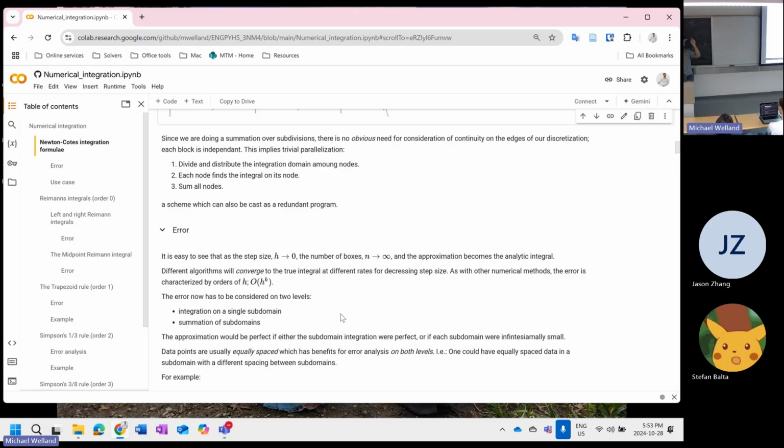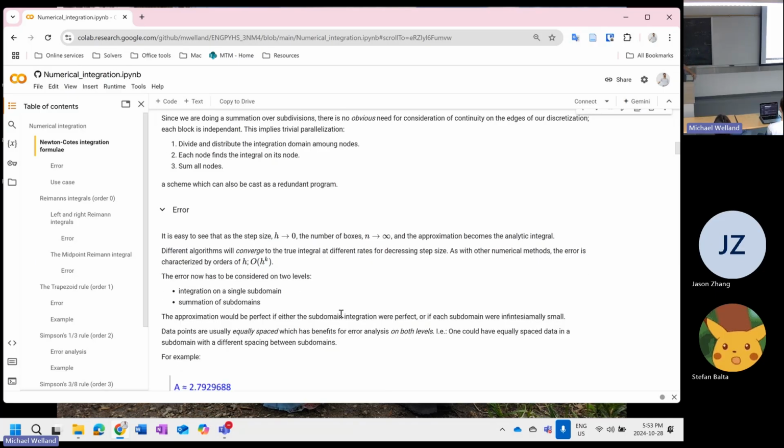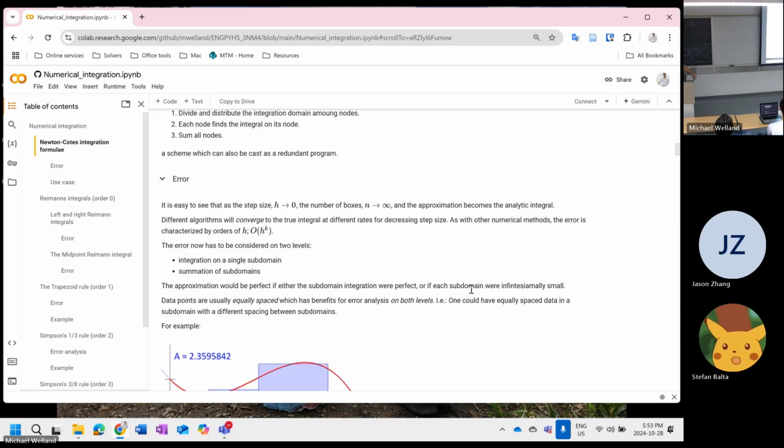Or it's the fact that you're breaking up the entire domain into a finite number of subdivisions. Because if you did an infinite number of subdivisions, then the approximate function is just the point, and again, you have the exact answer. So the error comes from those two different properties, and you have to keep them in mind.